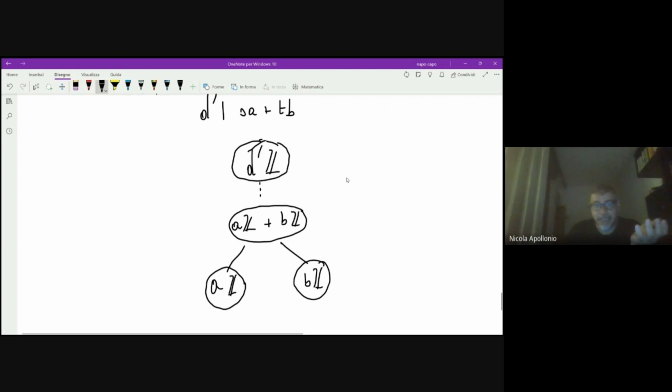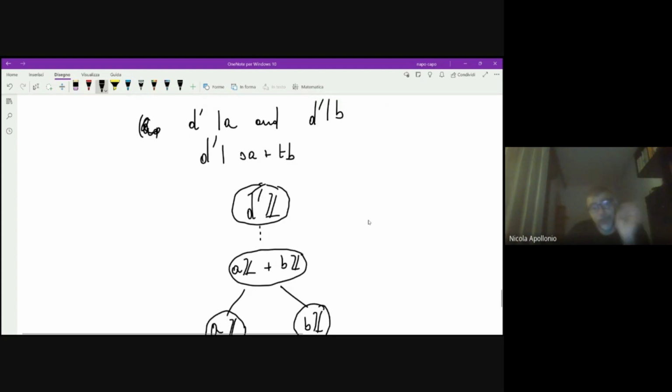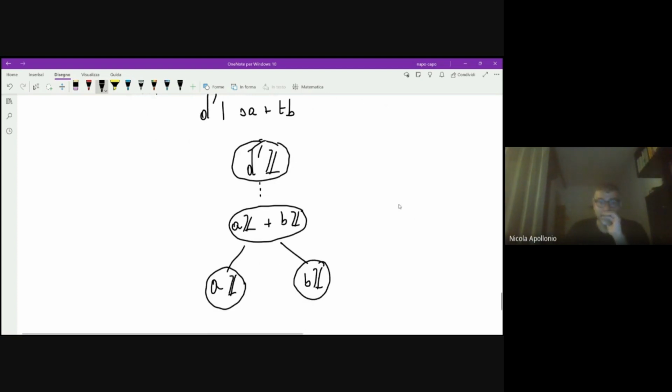So every linear combination of A and B is a multiple of a common divisor of A and B. We proved this fact at the very beginning. So this diagram must apply.